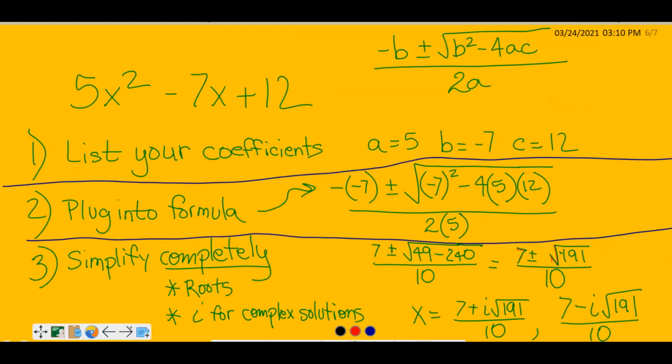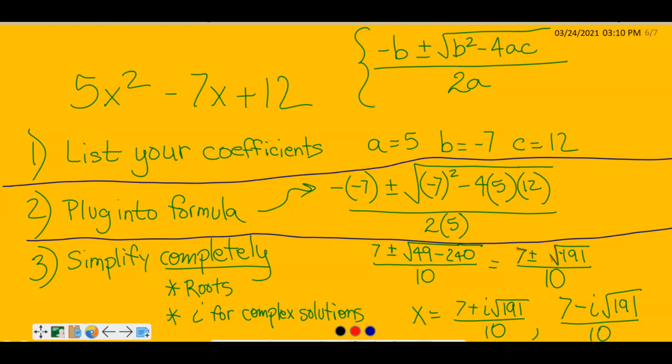So here is a quadratic. I made it up on the spot, and as luck would have it, it's kind of weird. But this is how you solve a quadratic by using the quadratic formula. Here is the quadratic formula. I will always give it to you. I don't believe in making you memorize things.